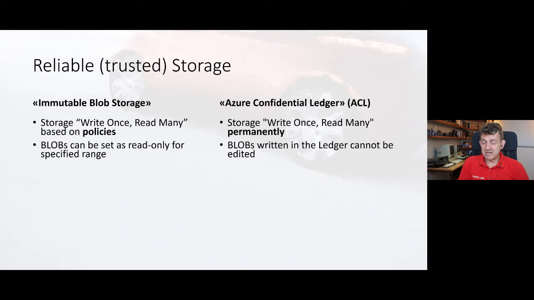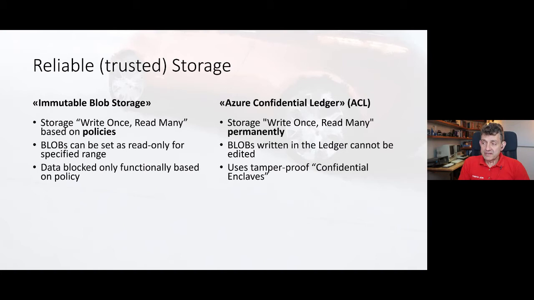blobs can be set as read only for a specified range of time in blob storage. In Azure Confidential Ledger, blobs are written in the ledger and cannot be edited at all. So the data in the immutable blob storage is blocked only functionally by a policy, while Azure Confidential Ledger uses a tamper-proof confidential enclave. So it's another step further with technology to secure the whole system.